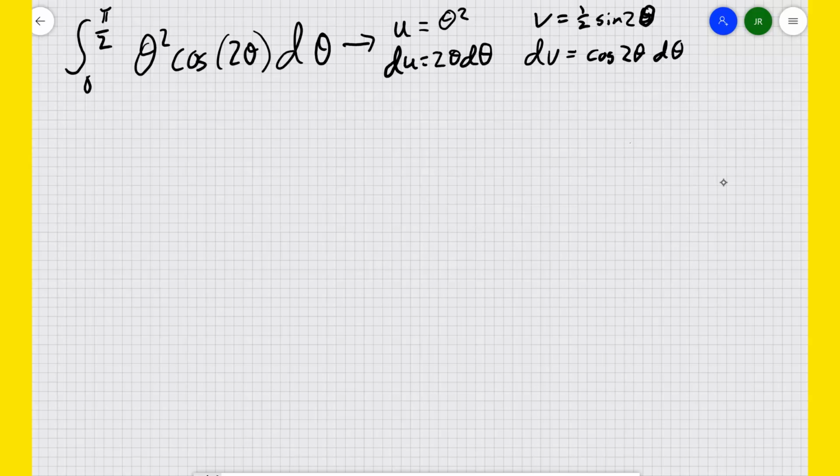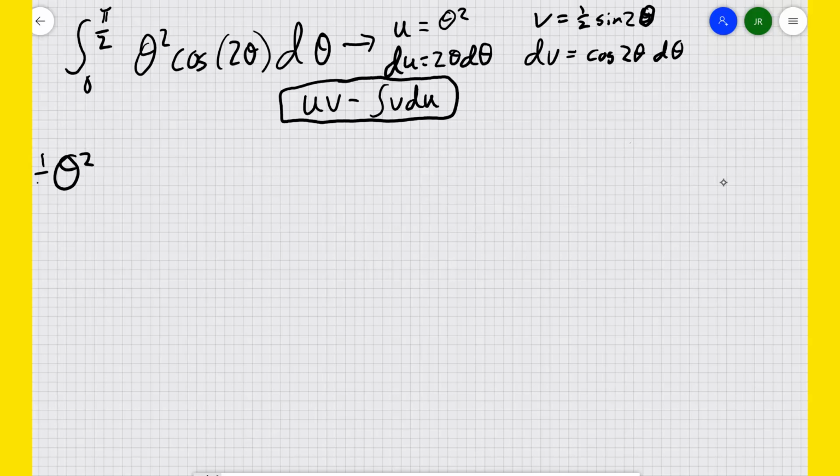So now the formula for integration by parts is uv minus the integral of v du. If I apply that formula, it'll be theta squared times 1/2.